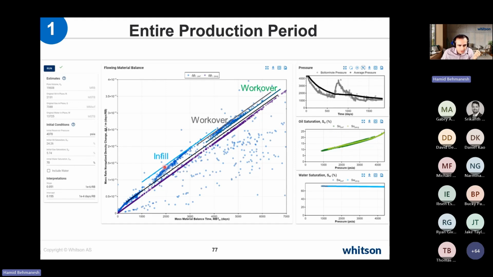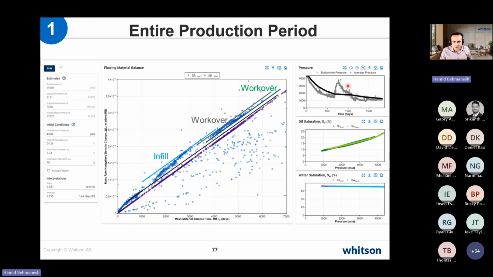But it takes some time to reestablish the volumetric and stay on the same parallel line to the original line. So basically the parent and infill start to fight for the reserve. Initially the parent lost the game because it clearly shows less volumetric, and then it starts to regain the volumetric. So this is the type of analysis.